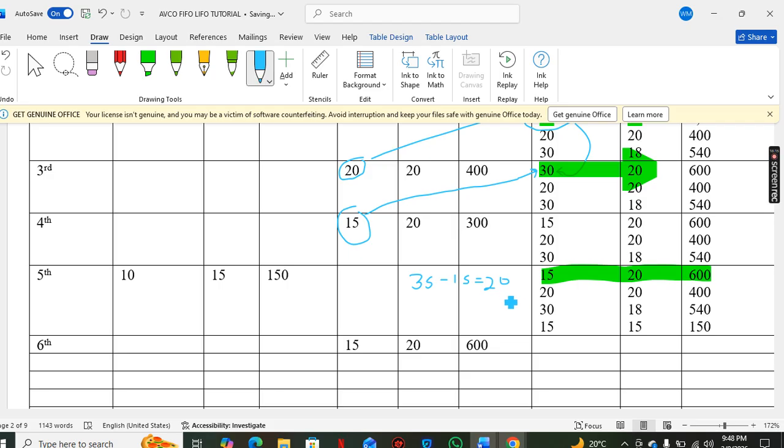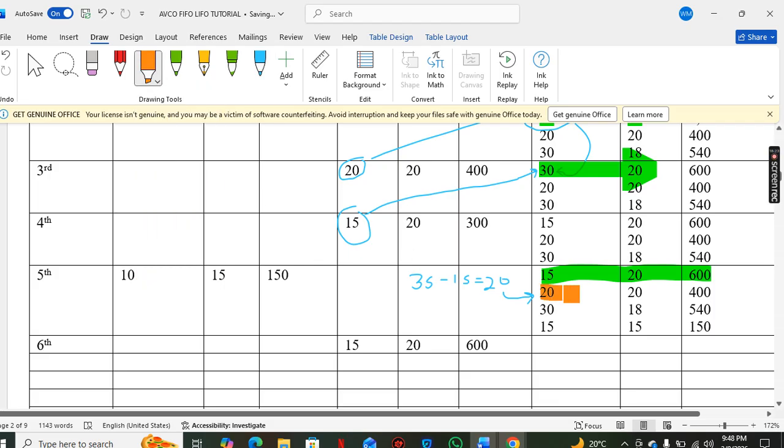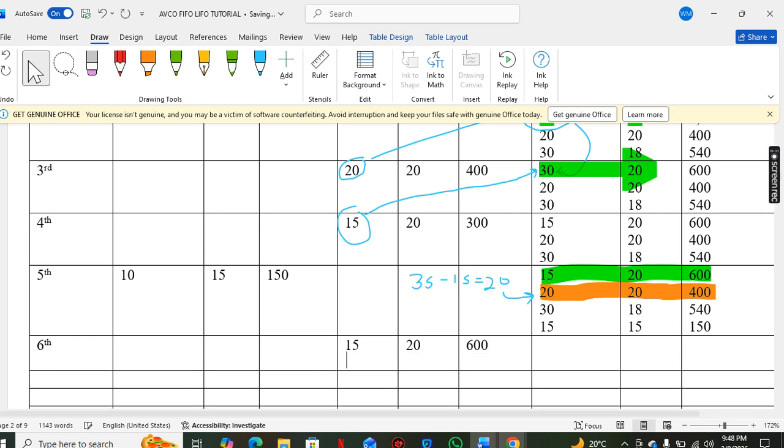And these 20 units, we are going to remove from the next batch here. So you're going to put here 20 units valued at 20 kwacha, it gives us 400.